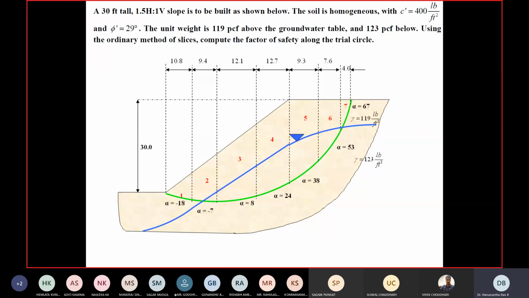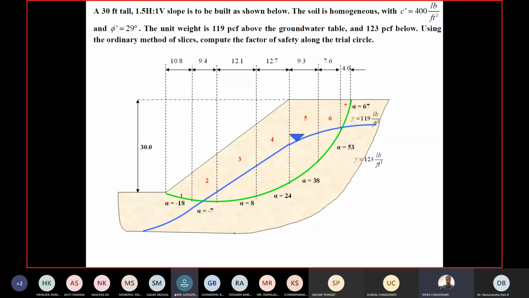So you need to calculate the area of each slice multiplied by the density. Now, can anybody tell me what is the unknown here? Beta value. Theta value or beta value?